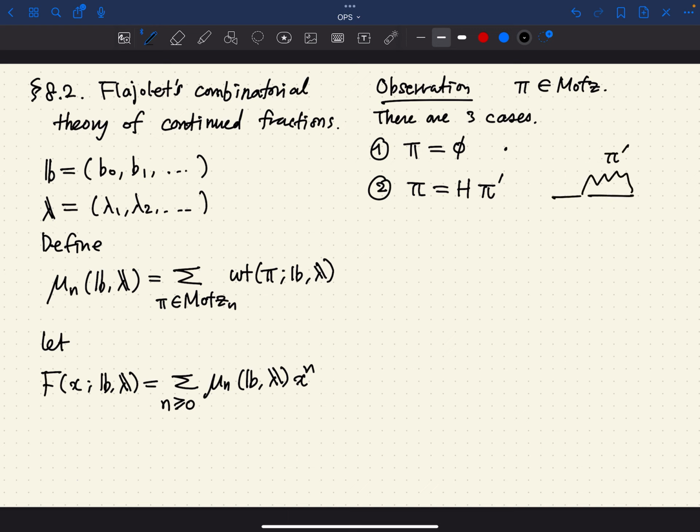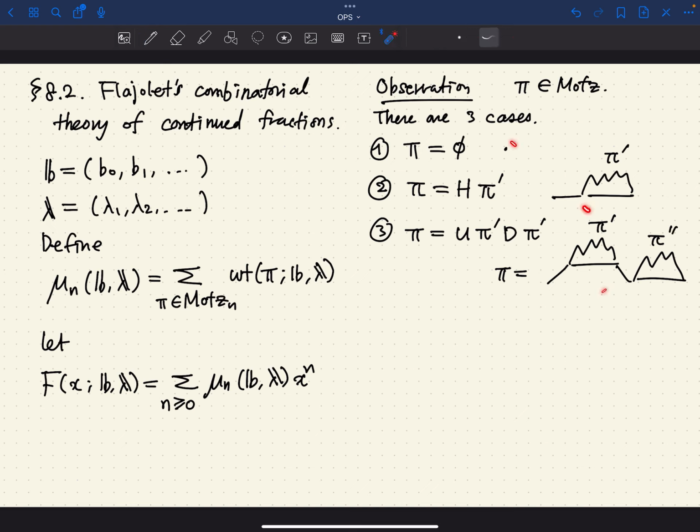Pi prime is over here. Or the first step is an up step, so up, and then we have some Motzkin path, and then down, and then pi prime. So pi is up, something, down, and something like this. So pi prime and pi double prime are both Motzkin paths. We always have exactly one of these three situations.